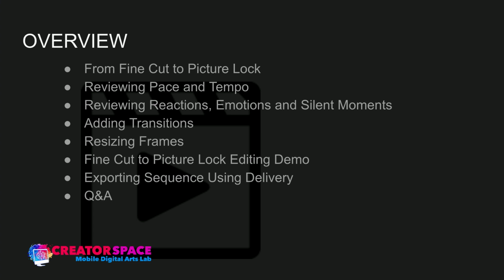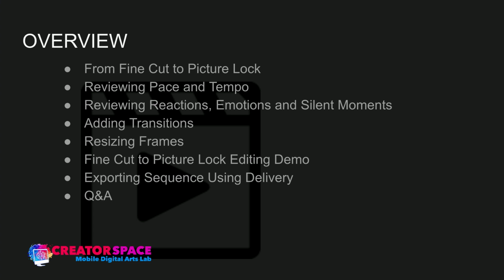Adding transitions, we'll look at some of the main basic transitions and how we can do those in Resolve. They're really simple, straightforward, and easy to access, a lot of those effects and digital transition tools in Resolve. It's nice and easy to use.